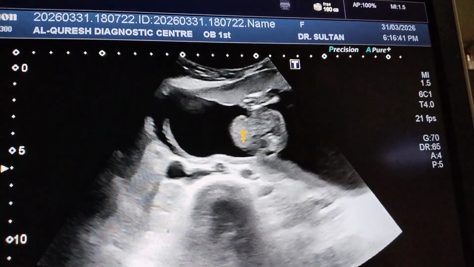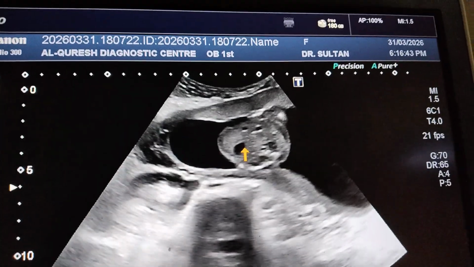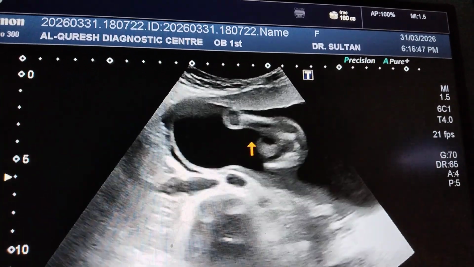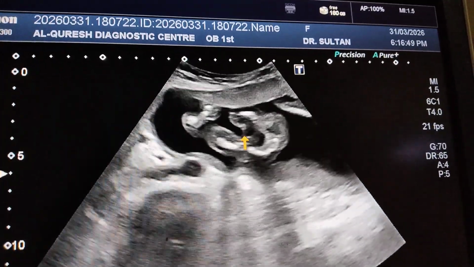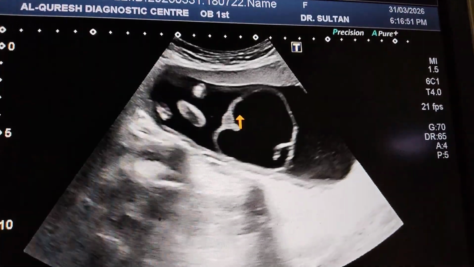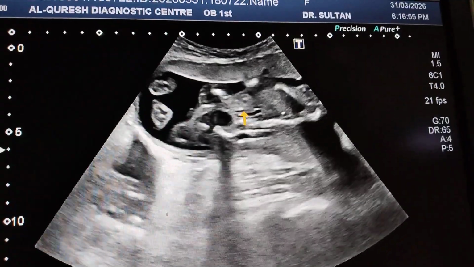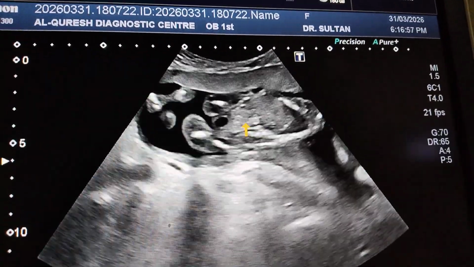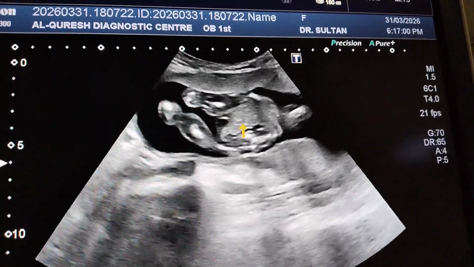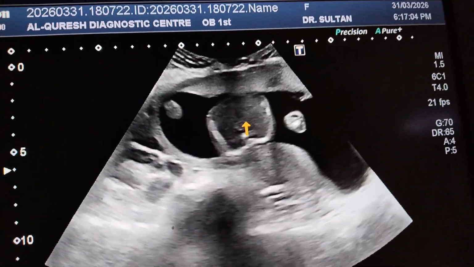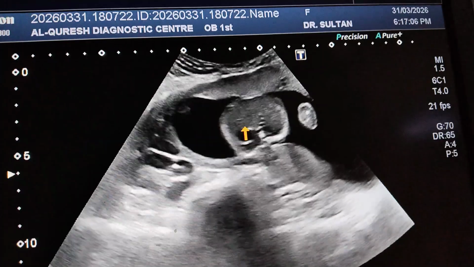This tumor may complicate to these things, as I have told you, the cardiac failure, hydrops fetalis, pleural effusion, ascites, but all these pathologies are not present.